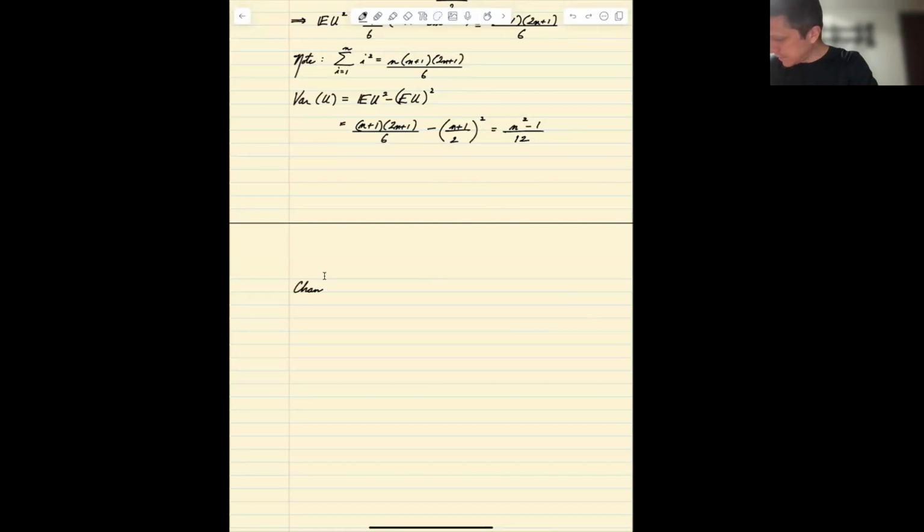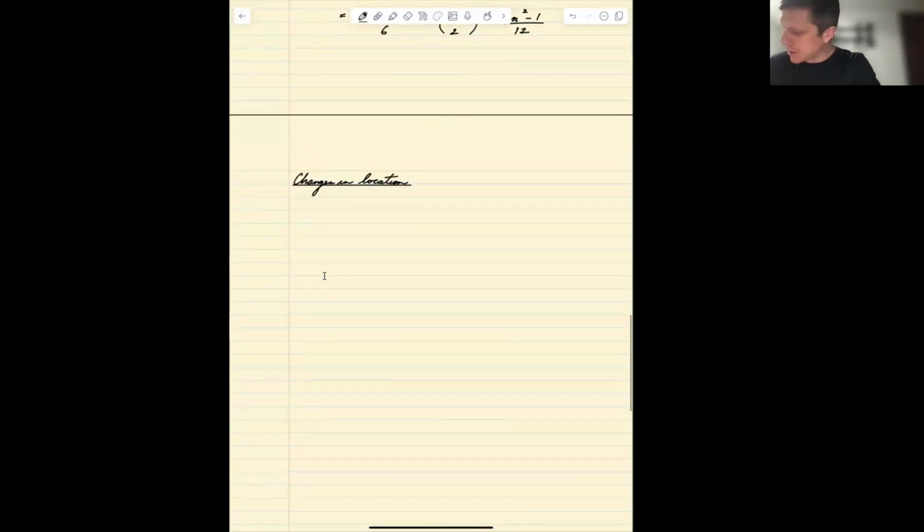In this case, we can generalize the distribution and instead suppose W is uniform over a plus 1 up to b.